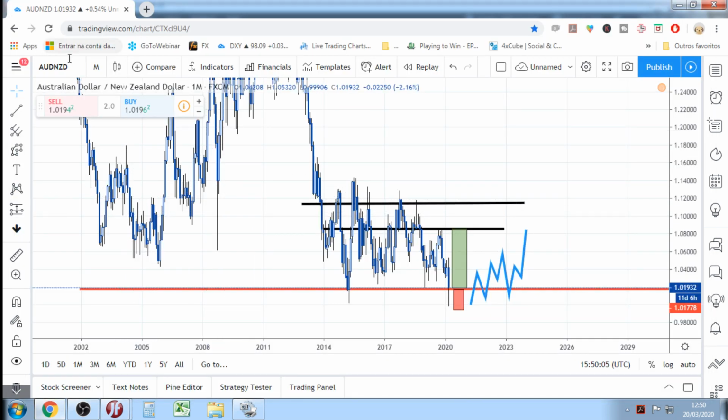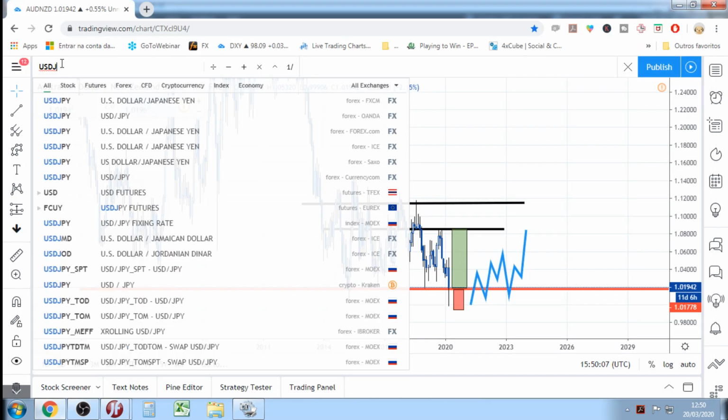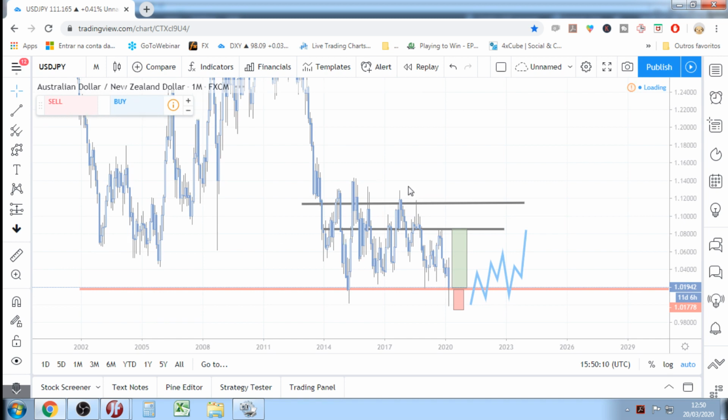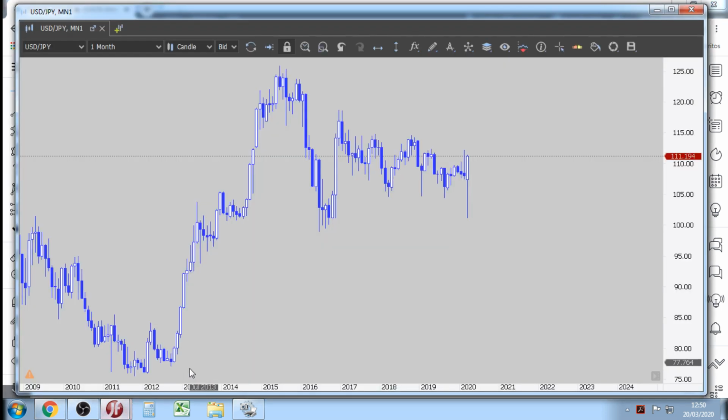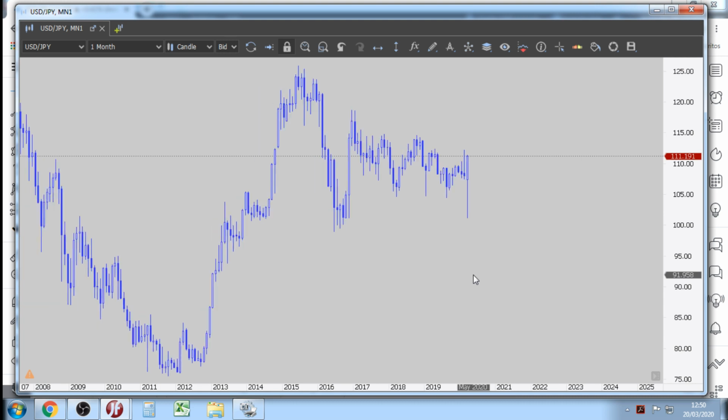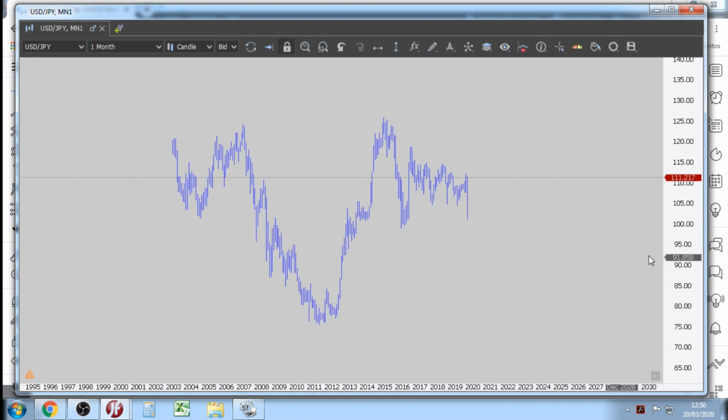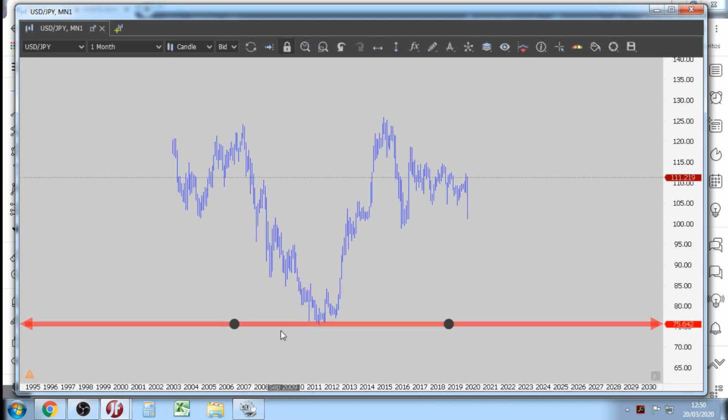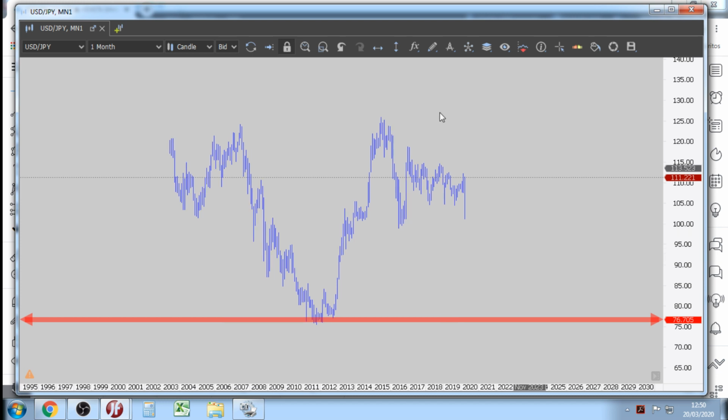If you go on TradingView, USD JPY. Okay, let's give it a second. Okay, so this is USD JPY, everybody, and the lower band is okay, but the upper band is wrong.